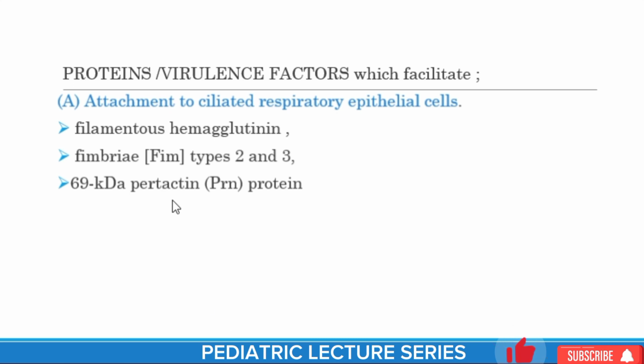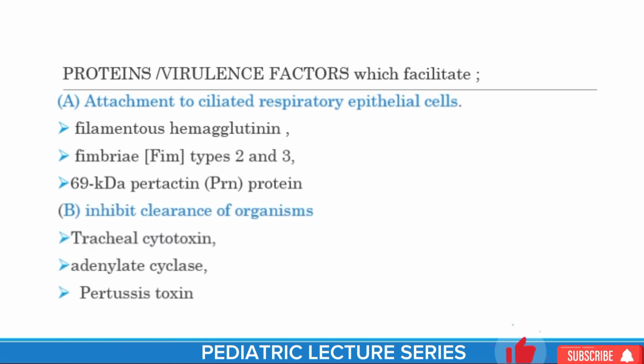These proteins here are responsible for attachment. And after attachment, what happens? There are those virulence factors that are produced for inhibiting the clearance of the organism from the respiratory tract by the cilia. So you have tracheal cytotoxin, adenylate cyclase, and pertussis toxin. These inhibit the clearance of the organism.